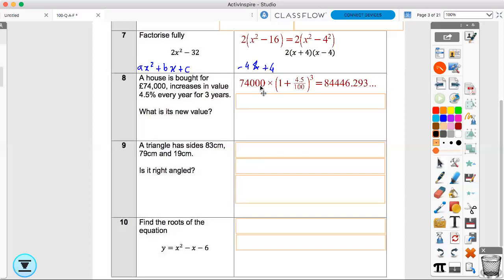So if you type that, you've got your answer there.